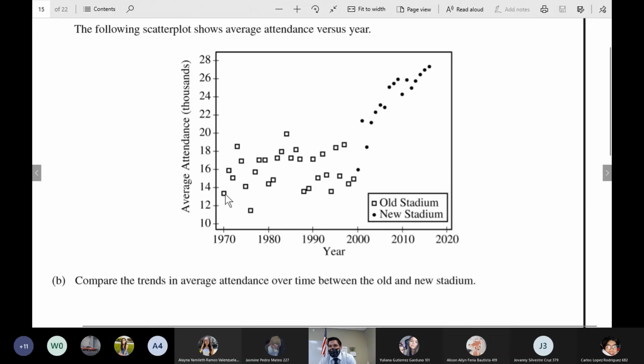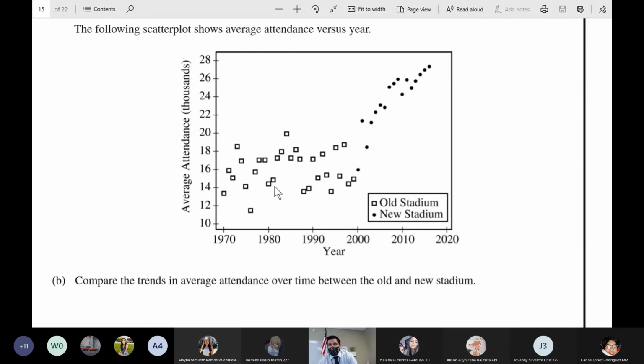So if we imagine best fit lines going through these, it would be fair to say that both would have a positive association, and it's mostly linear. So we have a positive linear relationship for both old stadium and new stadium.